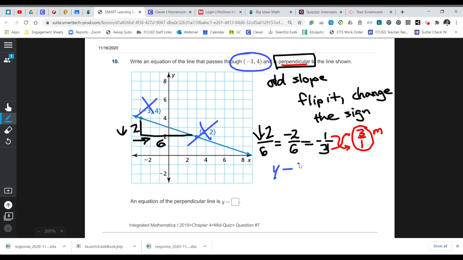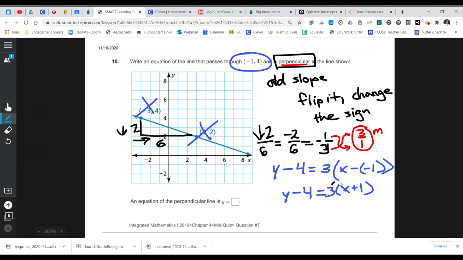So y minus y1, y minus 4 equals 3 times the quantity x minus negative 1. Well, let me simplify that. Minus a negative should be simplified to x plus 1. Y minus 4 equals 3 times the quantity x plus 1. Oh, sorry, I lost the 3.